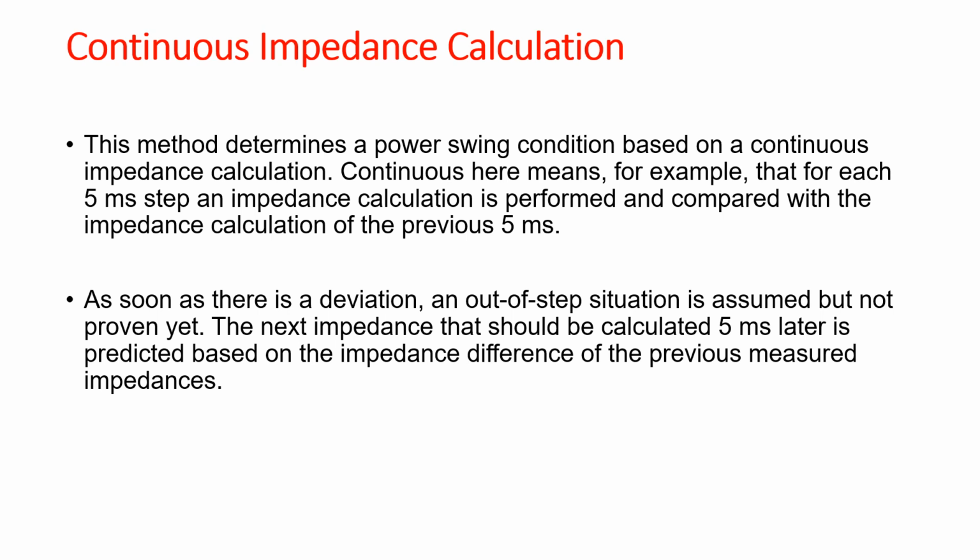So now this is a third method. I have uploaded a classroom whiteboard lecture on this one, where I have clearly shown how the continuous impedance or the slope is measured.